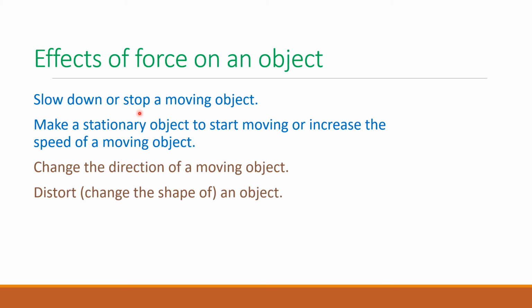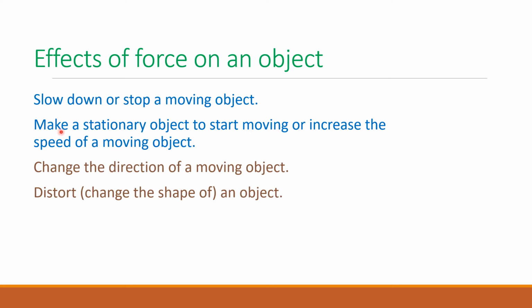For example, if it is a car and you apply the brakes, you increase the friction, and by increasing the friction, the vehicle will be able to slow down or stop. And remember, friction is a force. We learned that friction is a type of force.